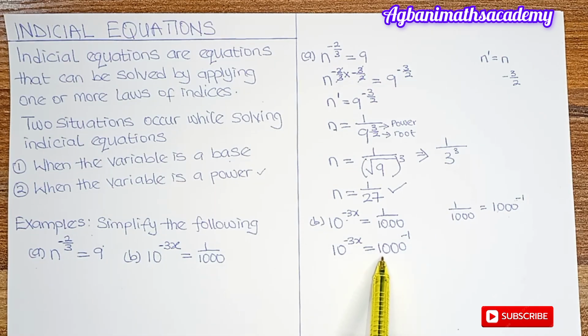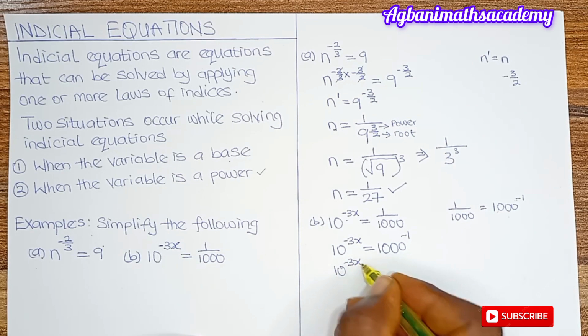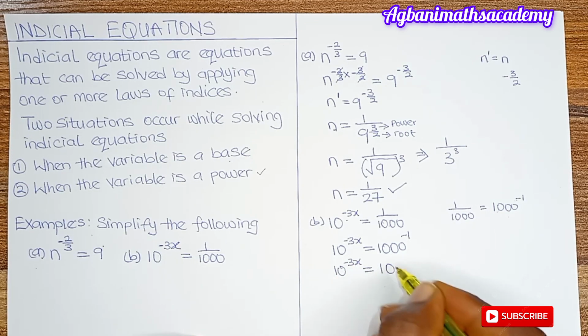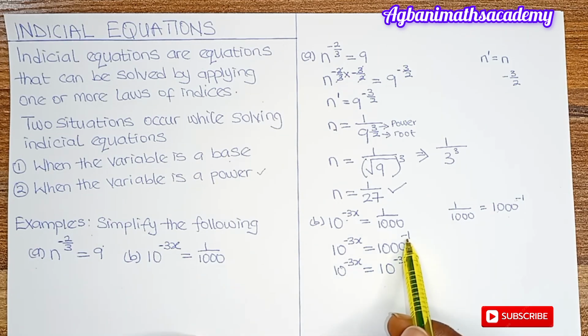But we also know that 1000 is the same thing as 10 to the power of 3, correct? Because 10 is going to multiply itself 3 times to give you 1000. So 10 to the power of minus 3x is equal to 10 to the power of minus 3, because the 3 is going to multiply minus 1 to give you minus 3.